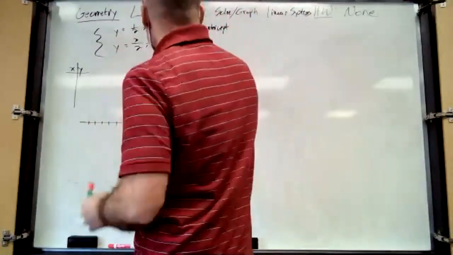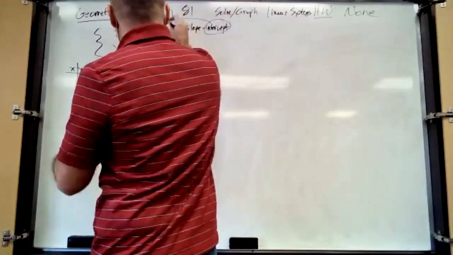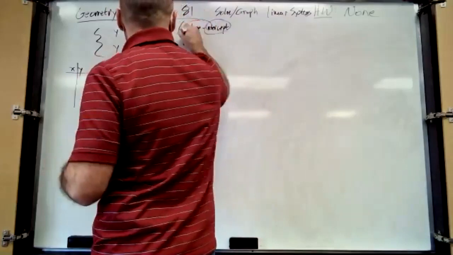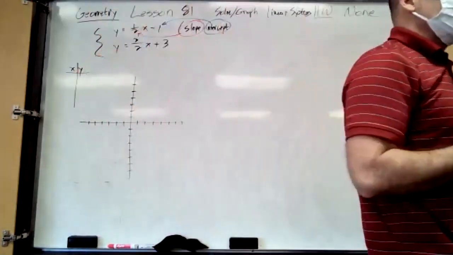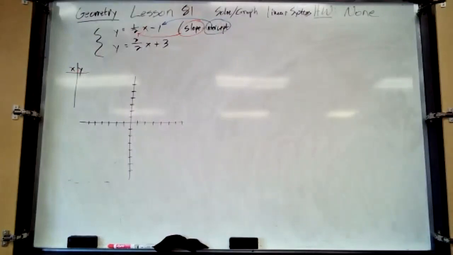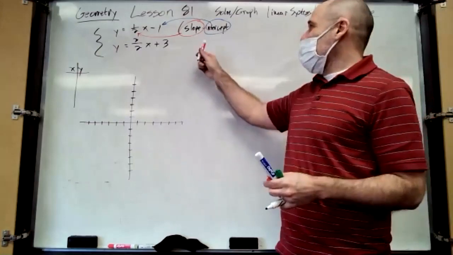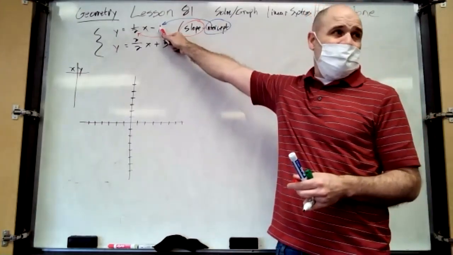Here's the intercept, right there. And the slope, which is completely separate from the intercept, is right there. The slope is what is being multiplied by the x. And the intercept is where the line crosses the y-axis, so the constant right there.